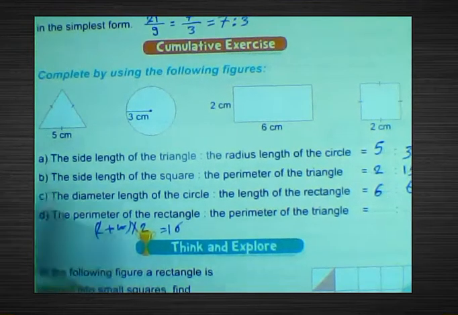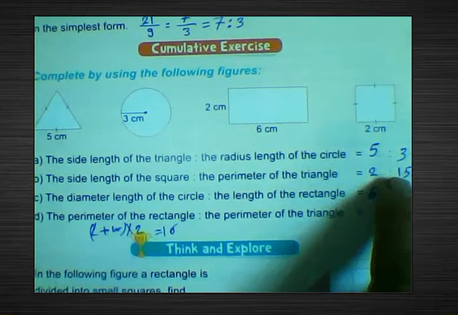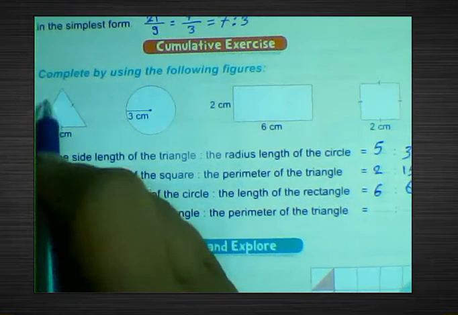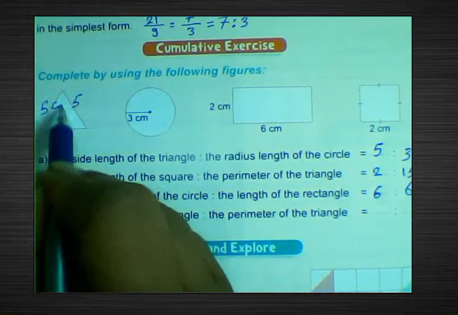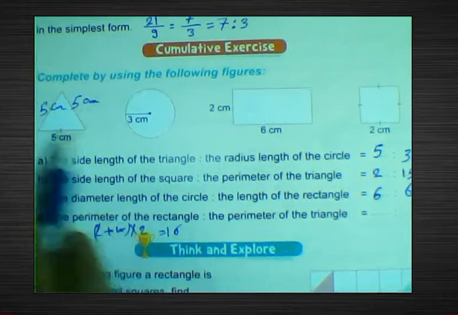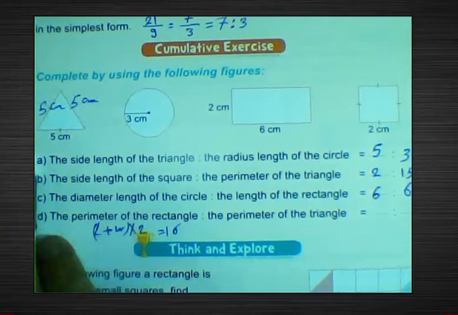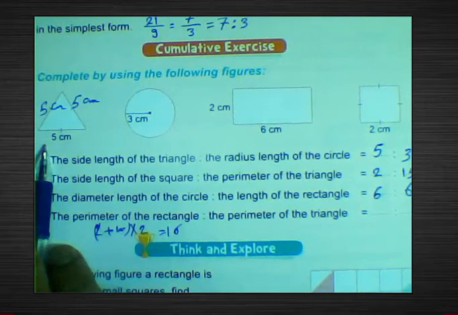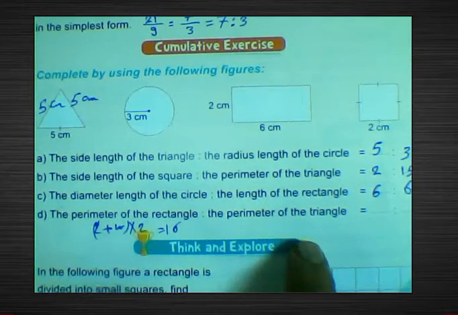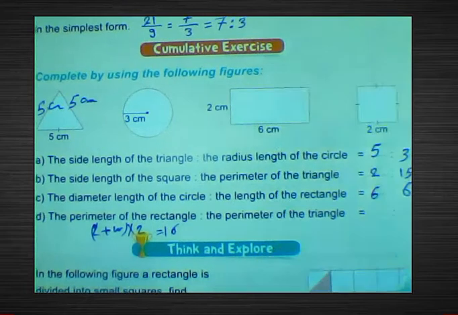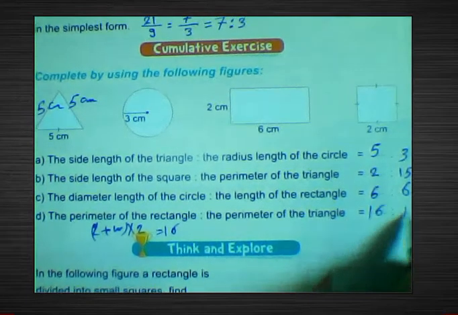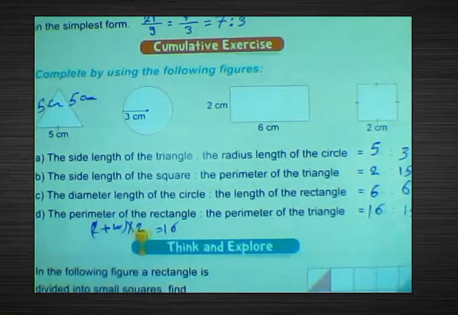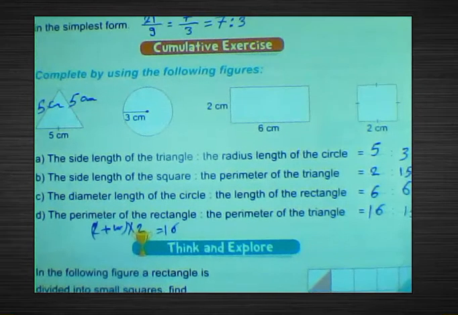We found it before, you remember? This side is 5 centimeters, this side 5 centimeters, and this side 5 centimeters. So the perimeter of the triangle equals 15. So we can write 16 to 15. It's the ratio between the perimeter of the rectangle and the perimeter of the triangle.